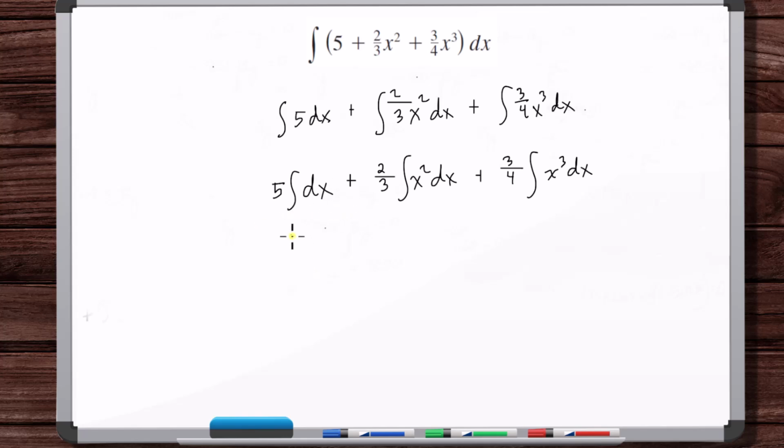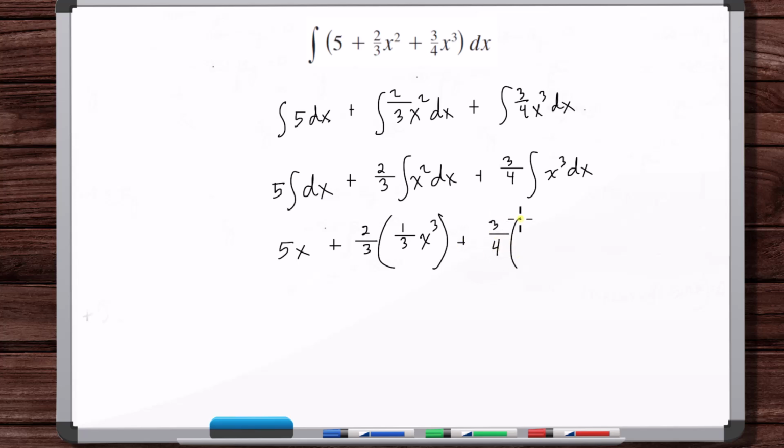Okay, here we know that the integral of 1 dx is x, because the derivative of x with respect to x is just 1. Okay, here we use the power rule for integration, so this is going to be 1/3 x cubed.